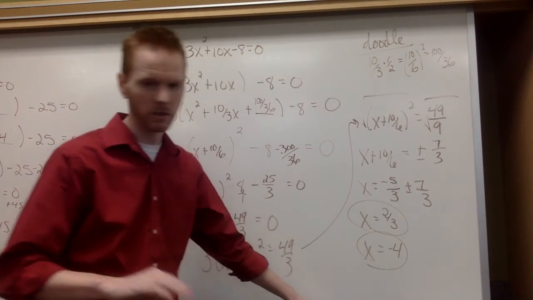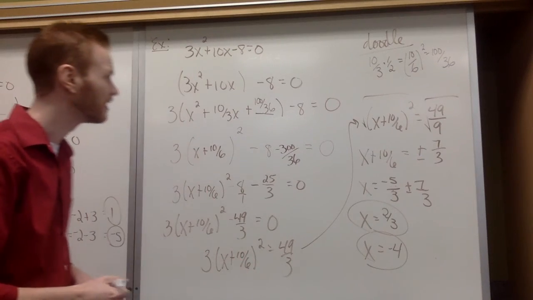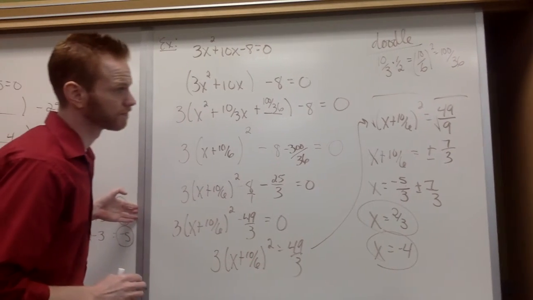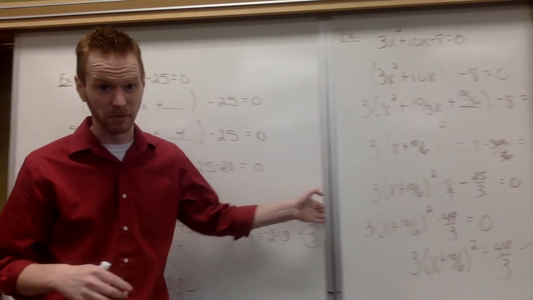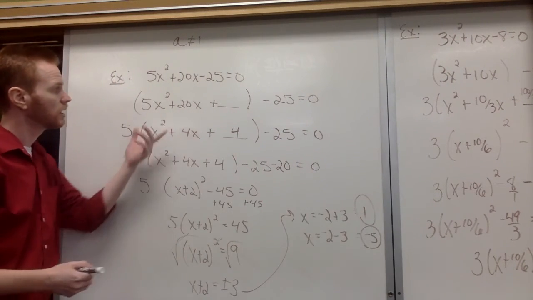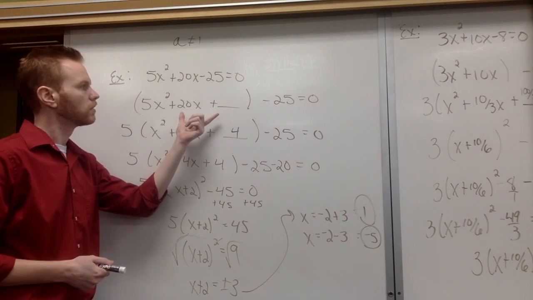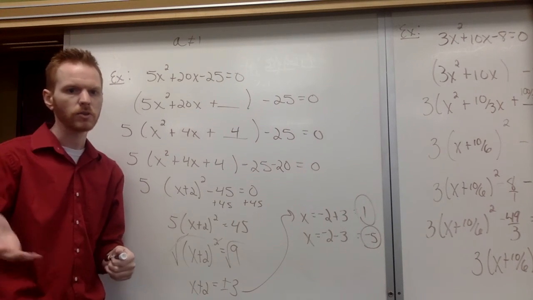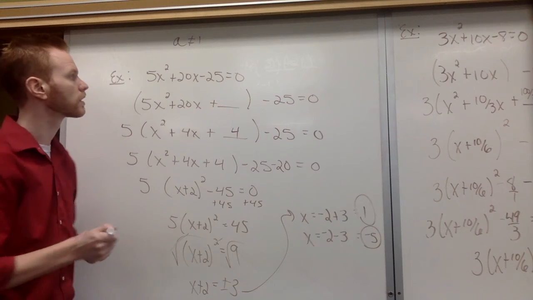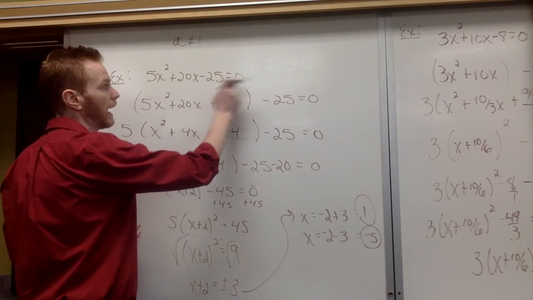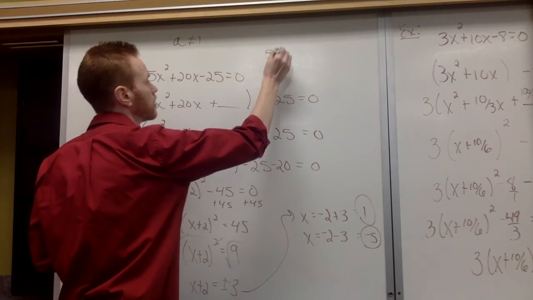Let me just make some side notes to wrap up this whole video. First, let's go back to the nicer case for right now. And I'm not sure if I mentioned this in the first video. Another way of doing this, and you'll see this in my answer keys too, you could add 25 over to the other side.